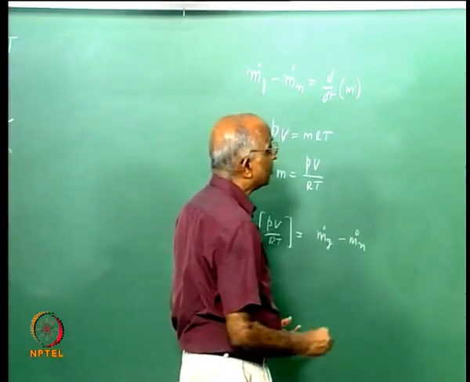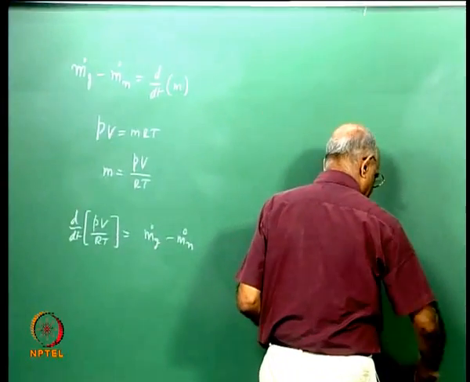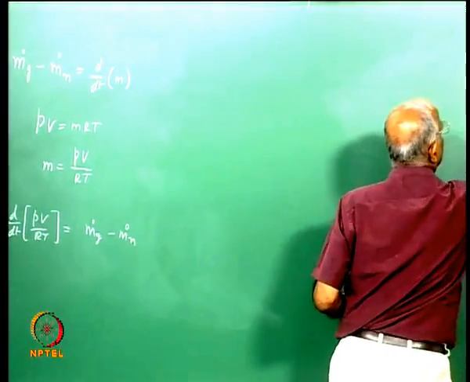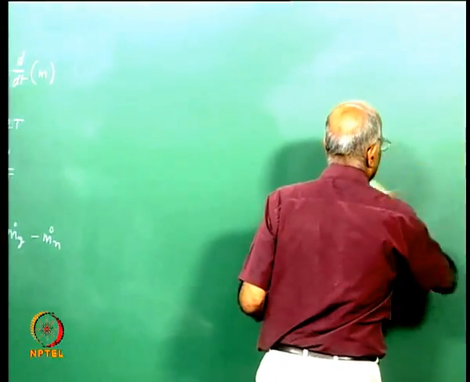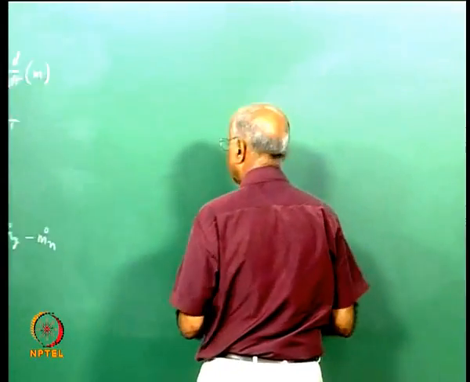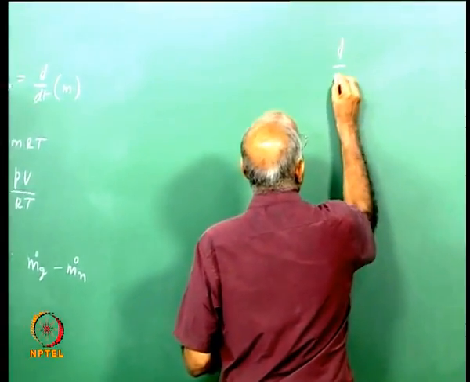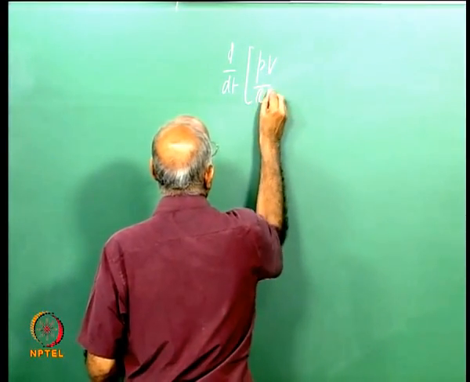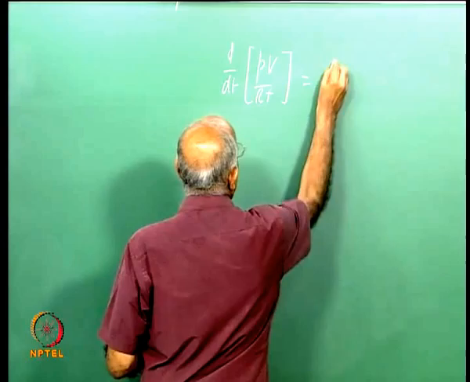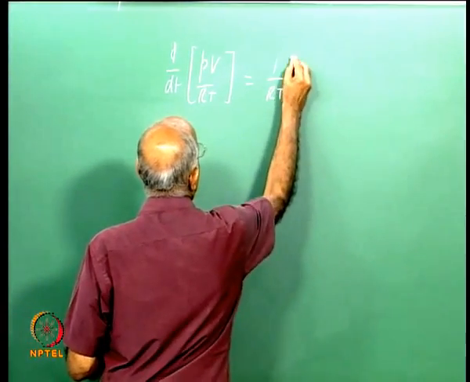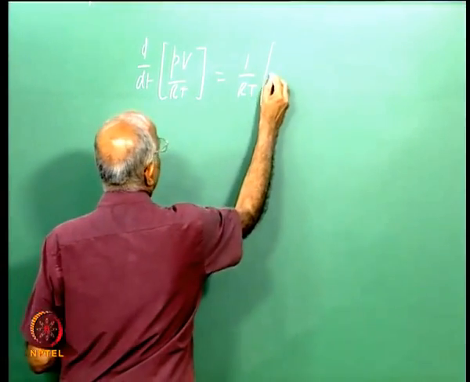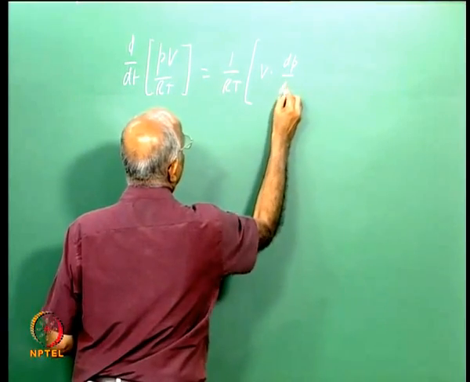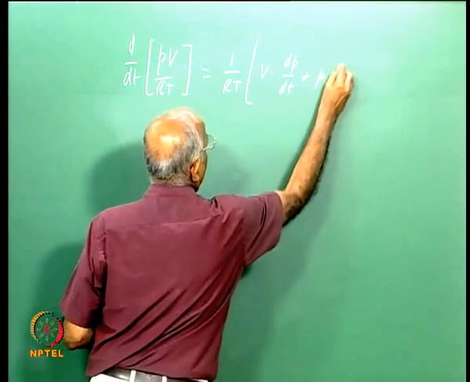I can write d by dt of PV by RT as one over RT into V of dP by dt plus P of dV by dt.